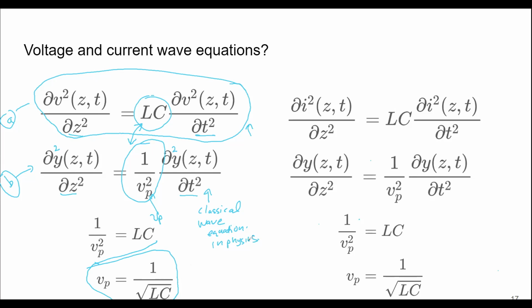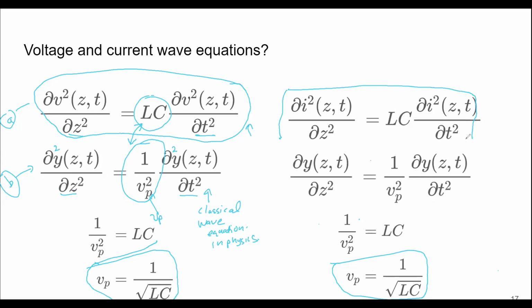From the other equations that are related to current, we can also derive the same relationship for the wave velocity. So the same result for the wave velocity comes from the relationship between the current wave equation and the classical wave equation.